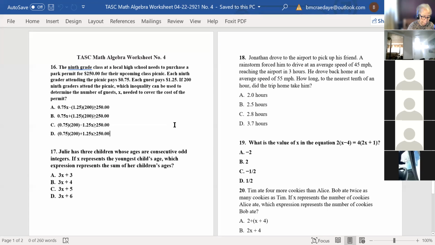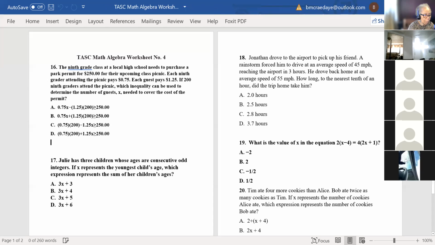I have D. She had 75 cents per student times the number of students, 200, plus the $1.25 times the guests, and that has to be greater than or equal to 250. Yes. I pick D, Miss Barbara.